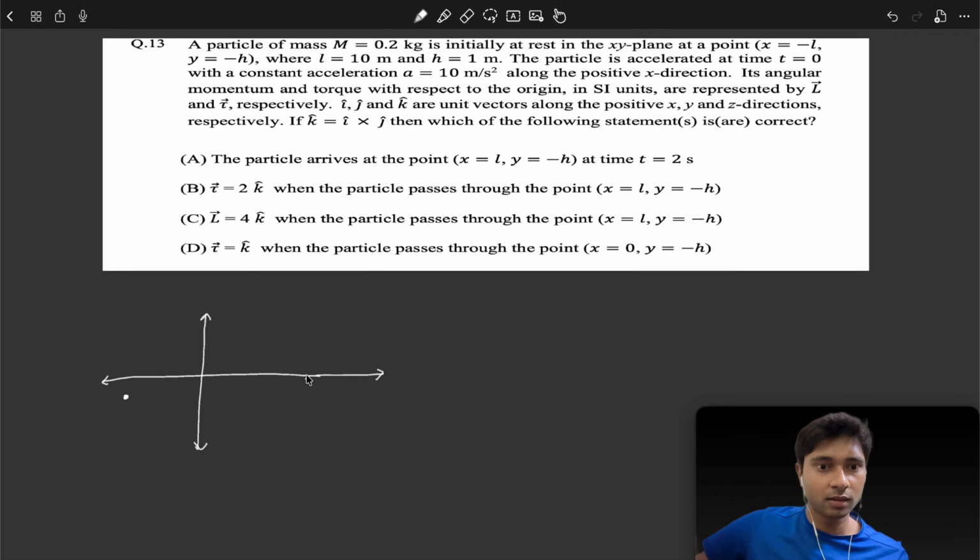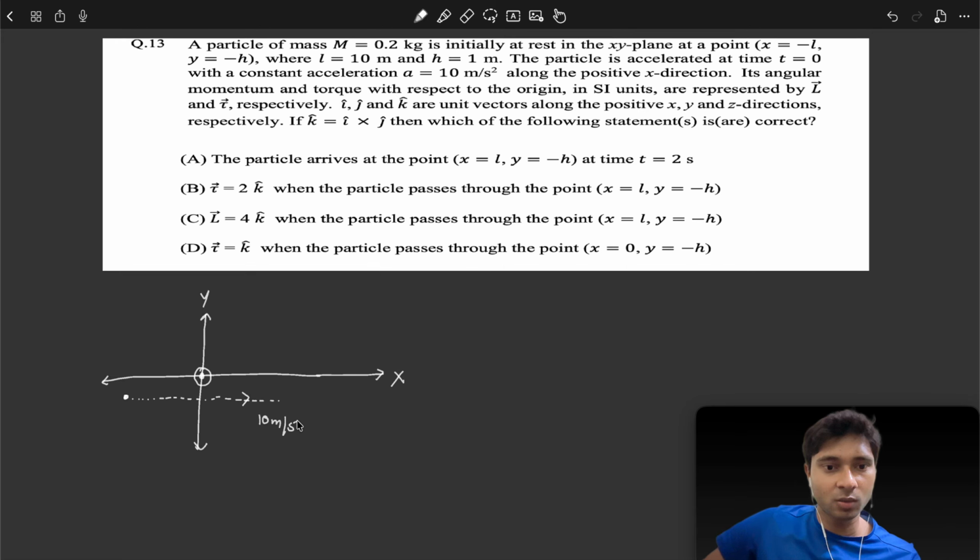This is my x-axis, this is my y-axis, and the z-axis is coming out of the screen, so I am denoting it by a dot. This was my initial particle position, and then the particle was moving along the positive x direction, and acceleration was 10 meter per second square.